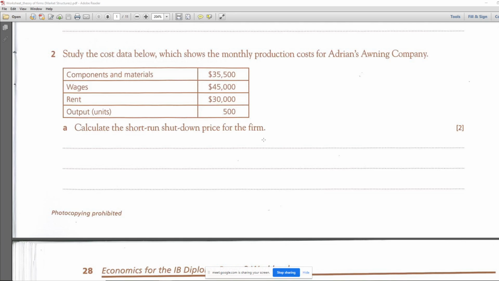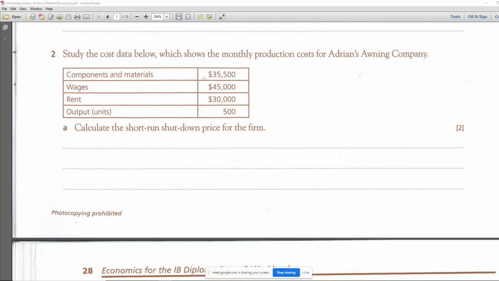Total variable cost. Cheryl got the right answer. Kirsty, how did you get that number? Components and materials, but what about wages? Wages for the factory workers are also variable costs.